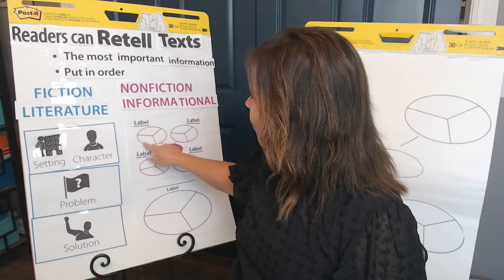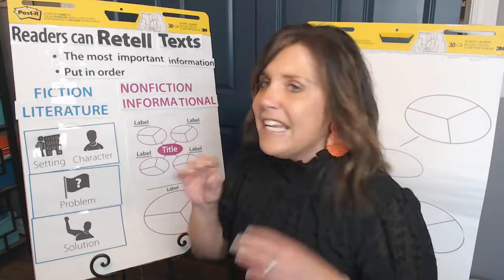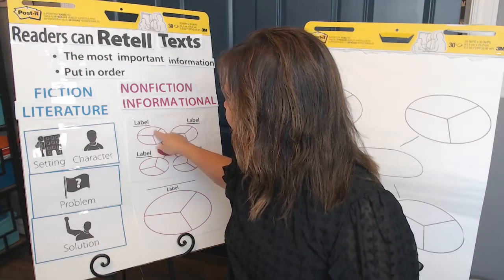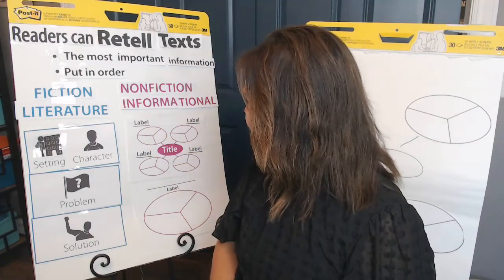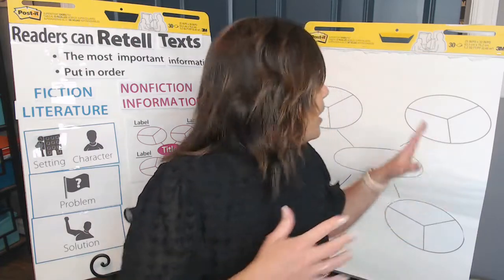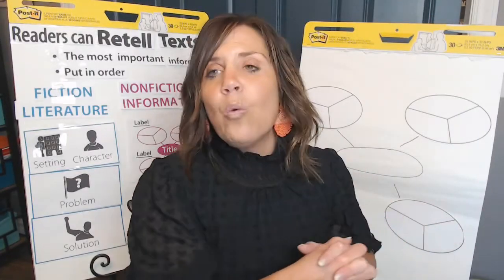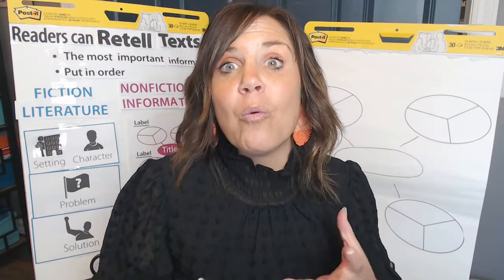And then in the oval, there's little pieces, and the details in that section of the book make up the pieces of each oval.